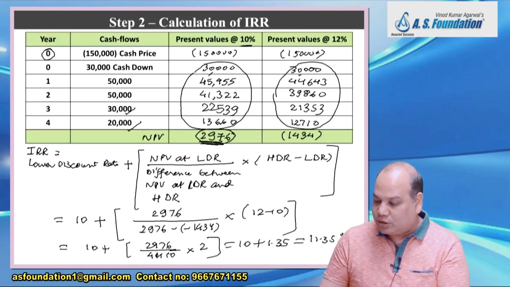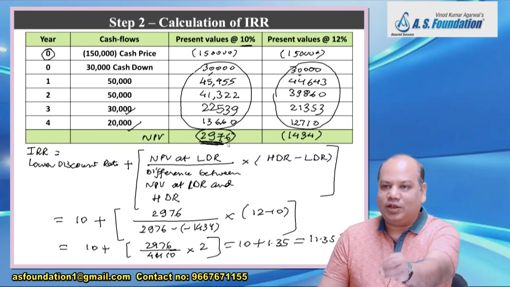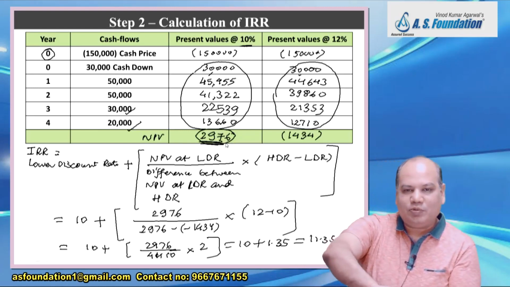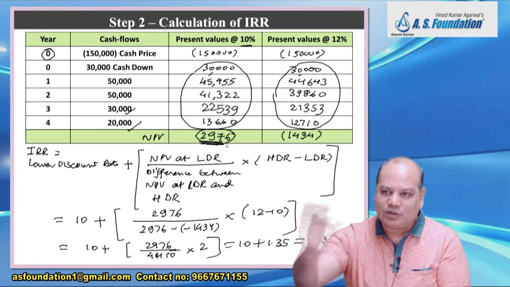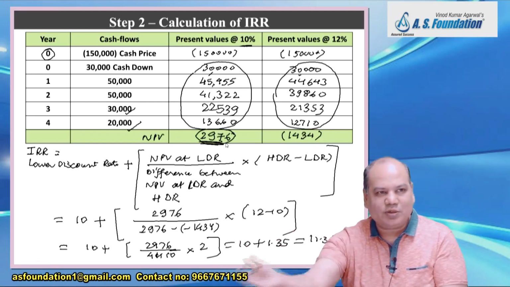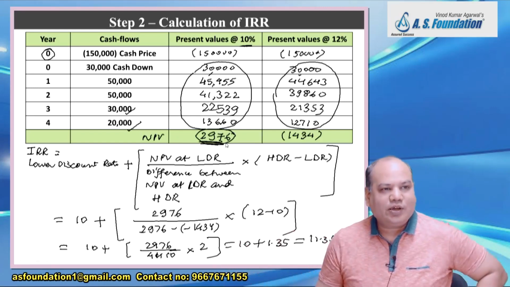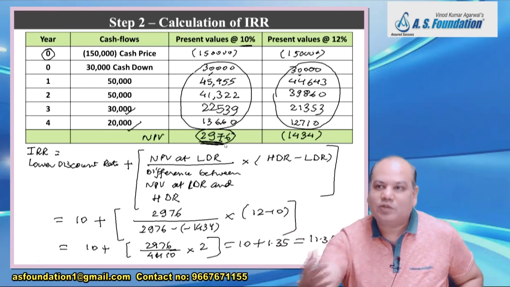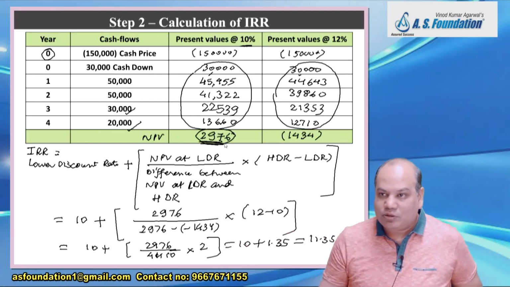But I don't want this NPV to change by 4410. I want this NPV to change only by 2976. I want this NPV should become 0 from 2976. So it should change by only 2976. If it falls by 2976, my NPV will become 0.